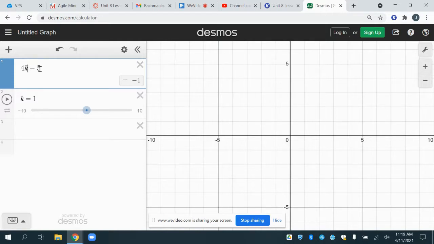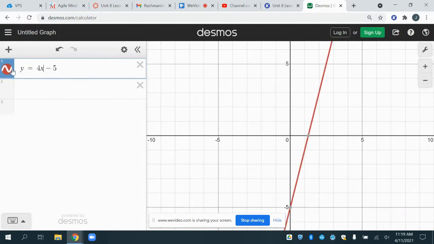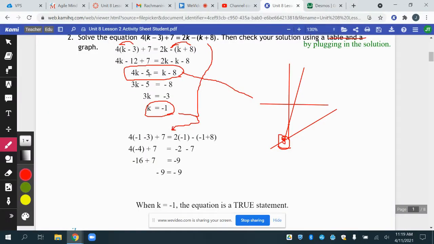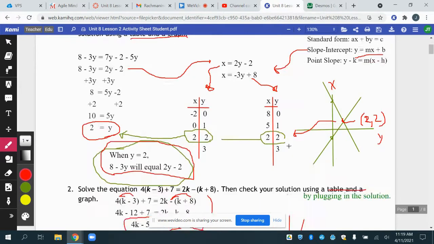So we're going to change the k to a y because that's what Desmos likes to use. So y equals 4x minus 5. There we are. Okay, so I'm just kind of changing it into what we're used to, the y equals mx plus b format, just for the record.